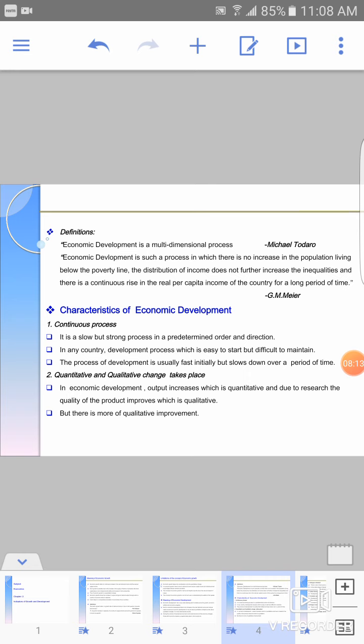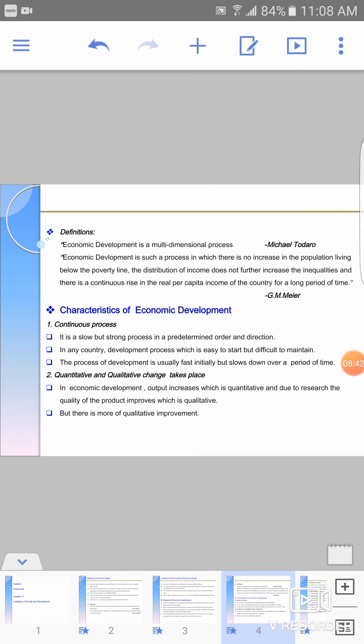By economic development, the social structure of the economy will change. How will it change? If we take the example of India, we are a developing nation. Previously the highest income was from the agriculture sector. The agriculture sector used to provide employment and income generation was highest in agriculture.